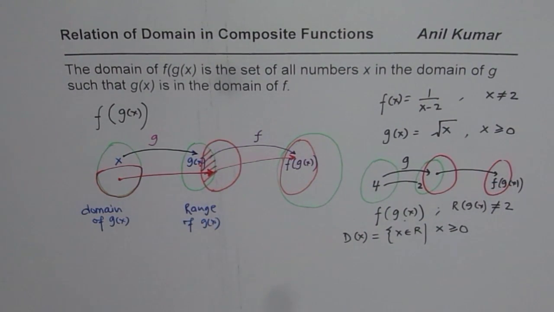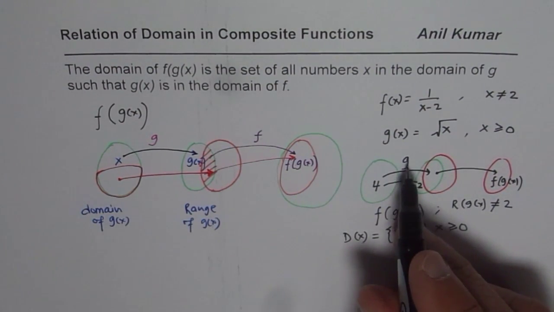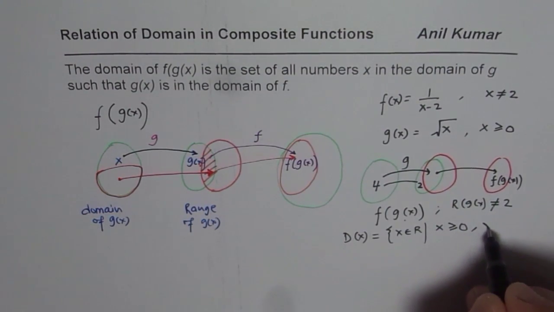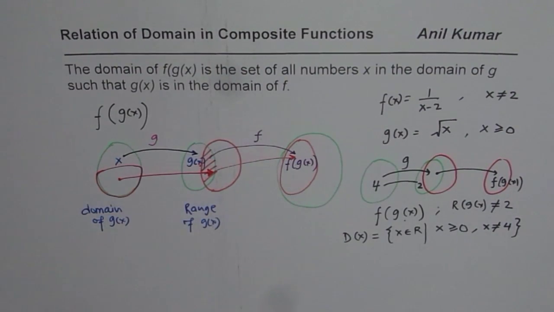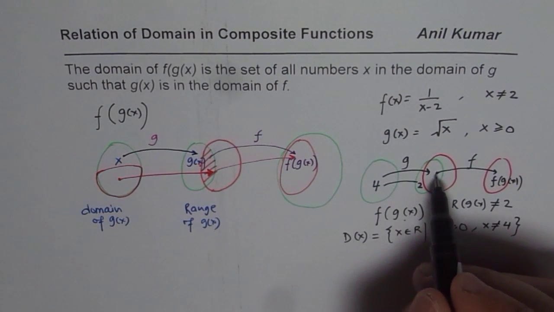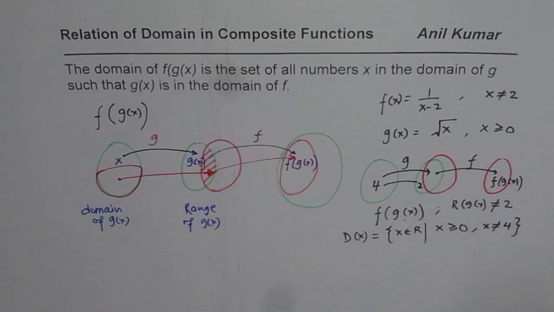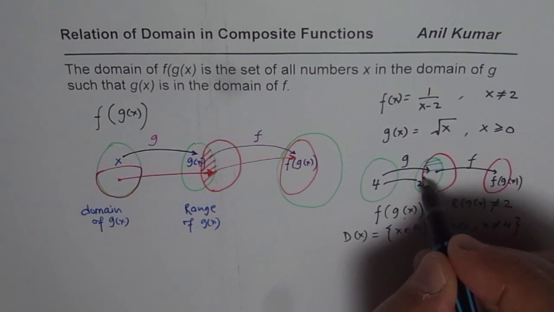So that's the whole idea. From the domain of g of x, we'll also have to exclude x equal to 4, since 4 gives us an output which is a restriction for the function f of x. The function will be performed only on those outputs of g of x which are valid or suitable for f of x, right? So that is a subset of the range of g of x.